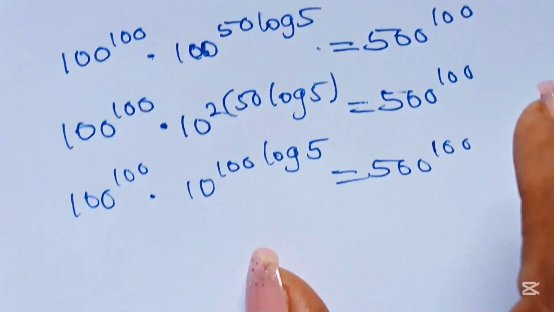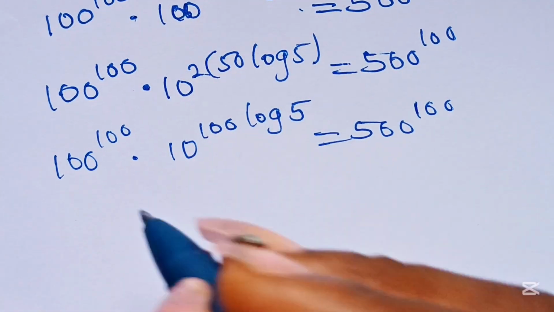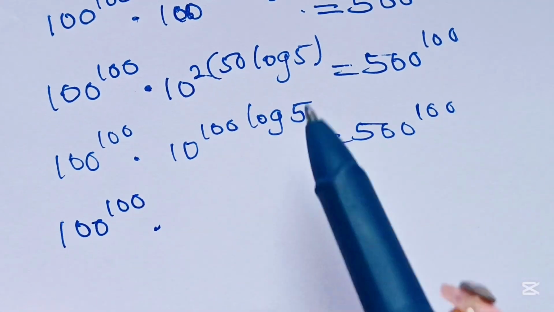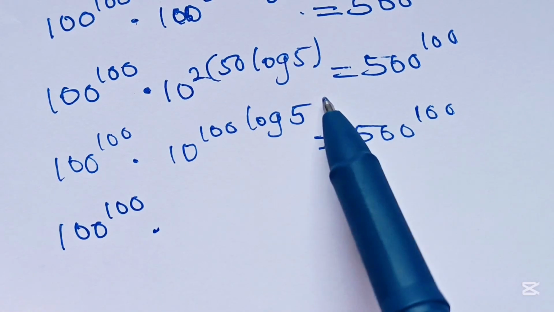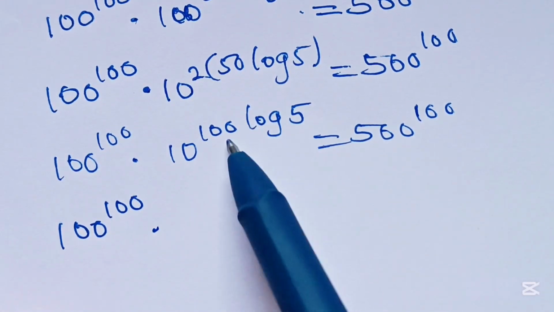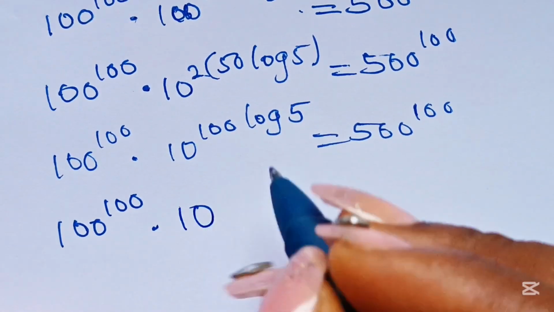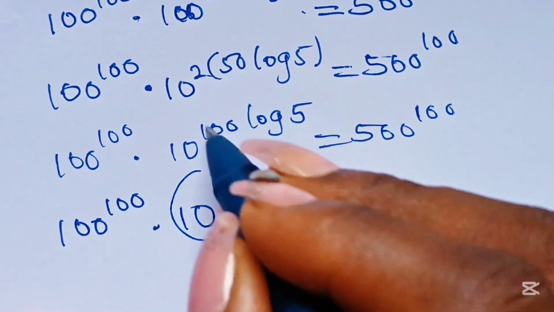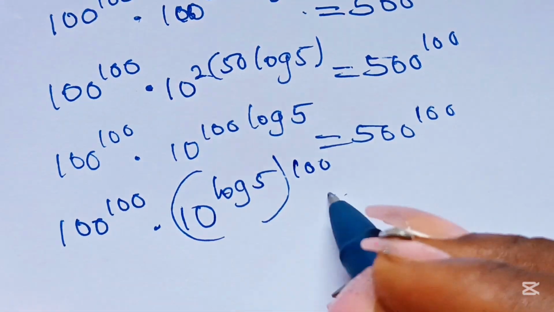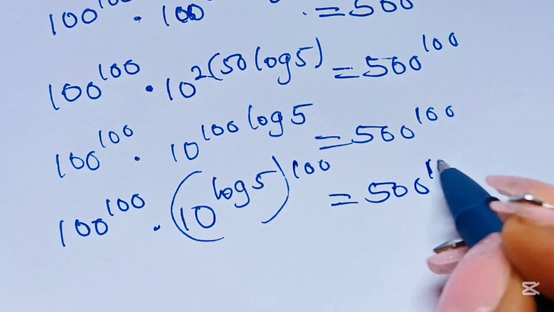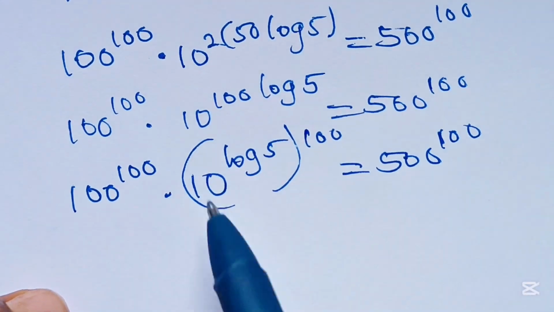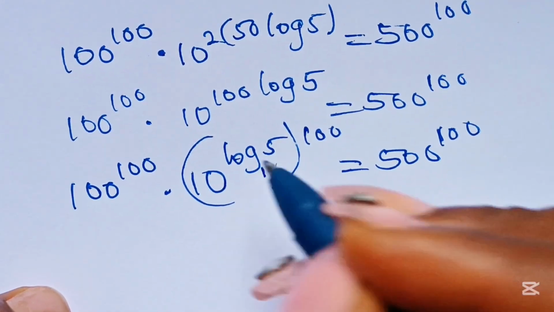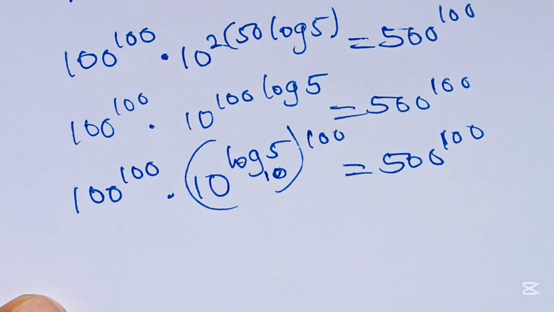Okay, all right. So we now have 100 to the power of 100 multiplied by, this will go up, right? Yes, using the power rule, this can be converted to 10 to the power of log 5 raised to the power of what? This 100, right, is equal to 500 to the power of 100. Now recall that anytime you have log without any base, that means this is log to base 10.